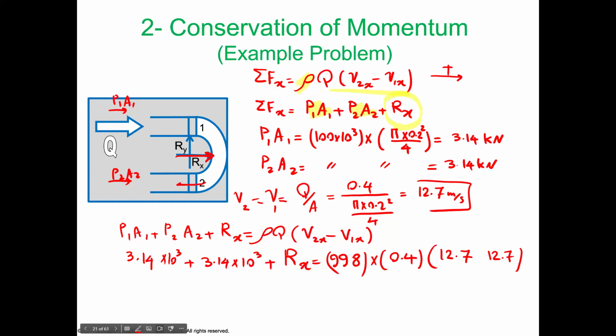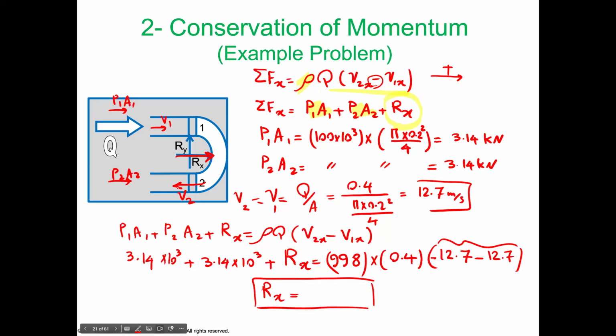Water exits here. So velocity is negative at the second point. Here, the velocity is in this direction, so it is positive, but I have a negative from the equation. So if you solve it, you will find Rx.